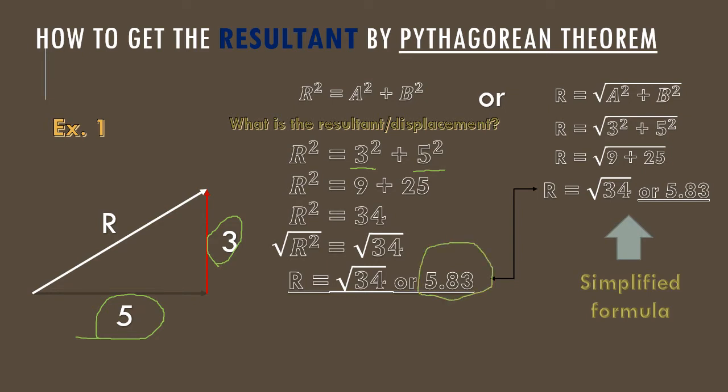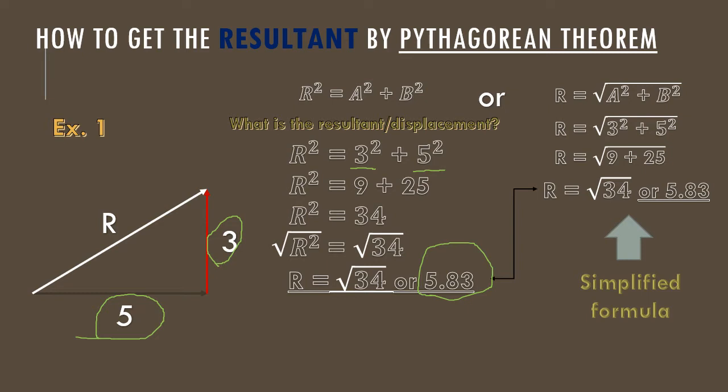So, using our simplified formula, kung makikita nyo mas madali, no? Ita-type nyo lang. So, r is equal to square root of a squared plus b squared.